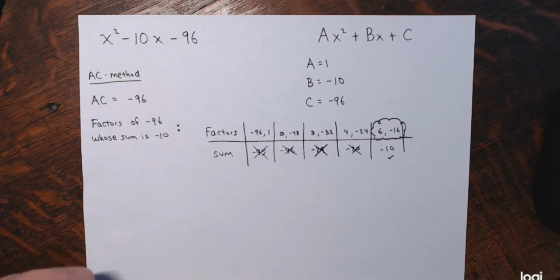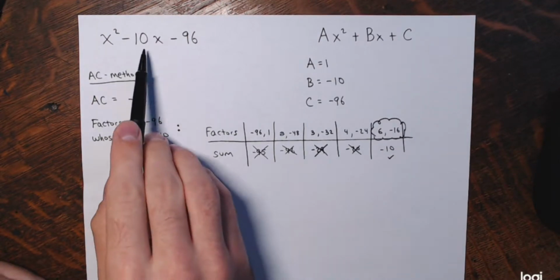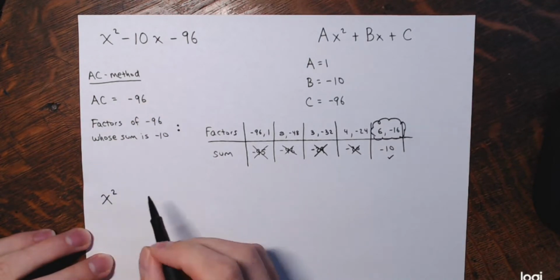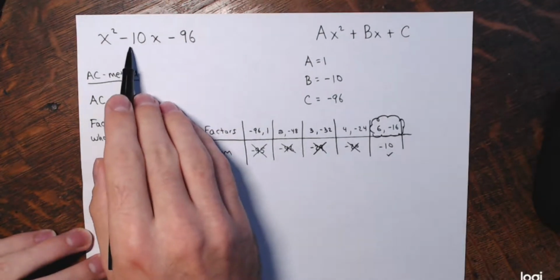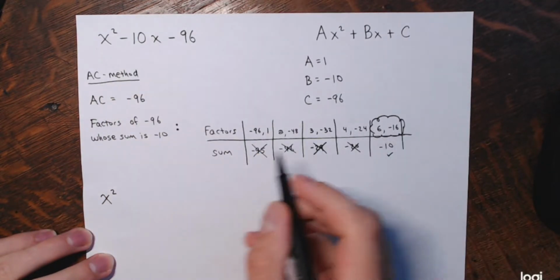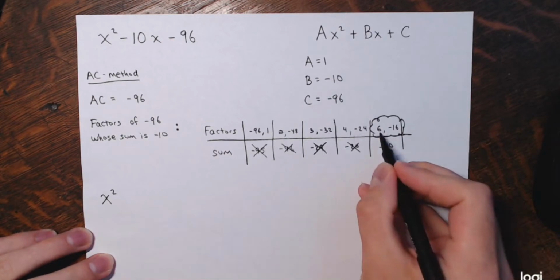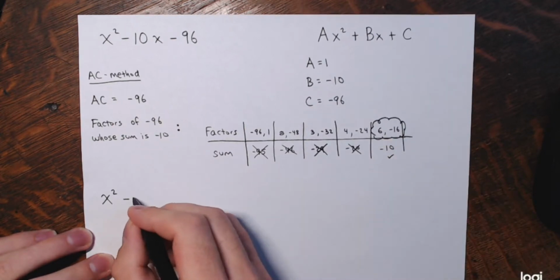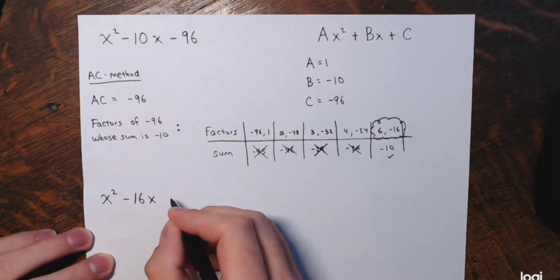Right? So what I'm going to do is rewrite the middle term. We have x squared, and I'm rewriting the minus 10x with these two numbers. You could put plus 6x minus 16x, or I'm going to do it this way, minus 16x plus 6x.